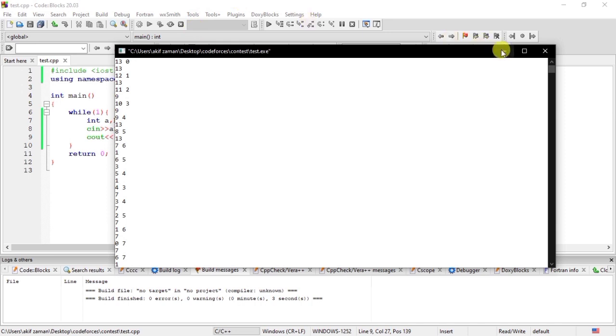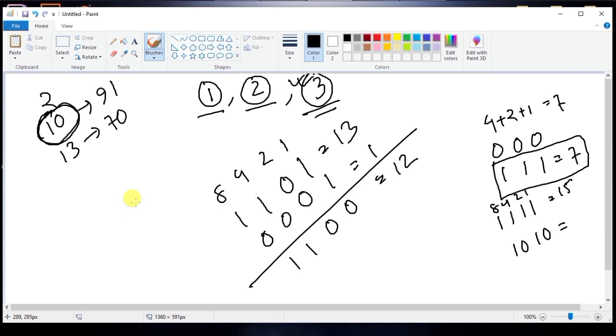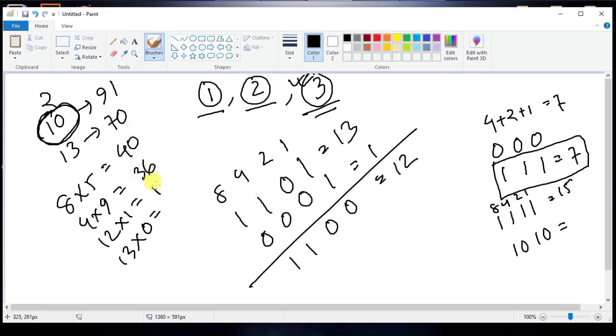If we calculate the multiplication value of these, we get 40, 36, 12 and 0. So we get these values actually, right?